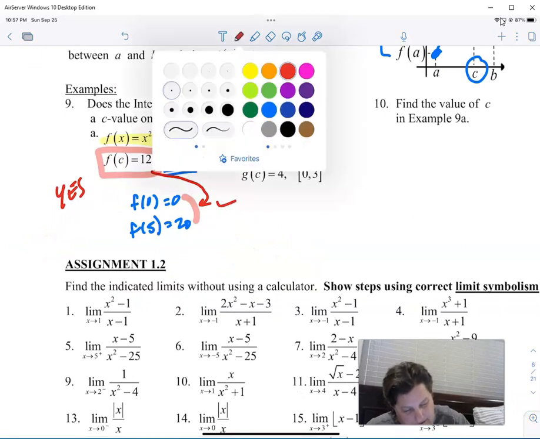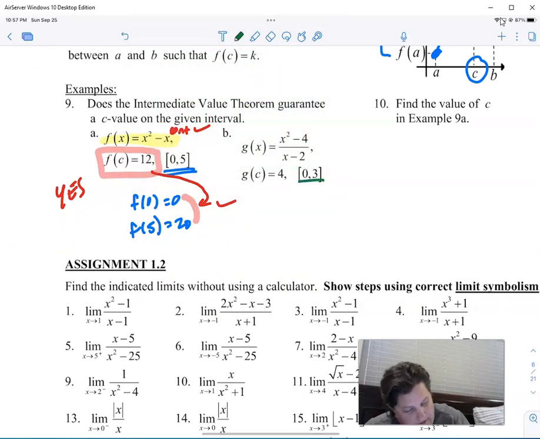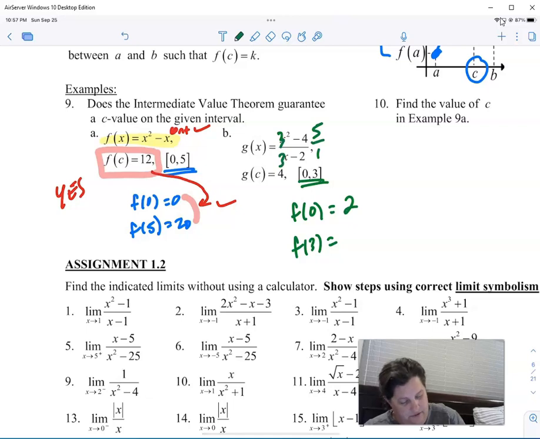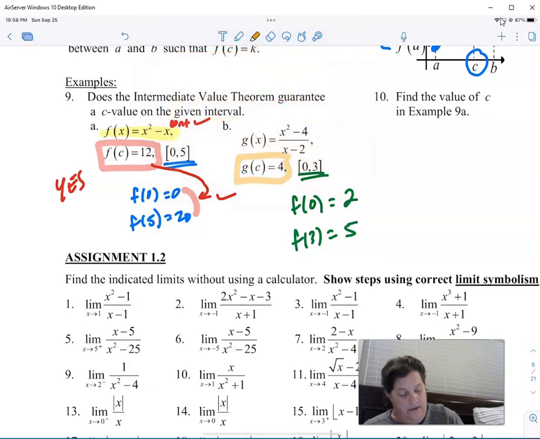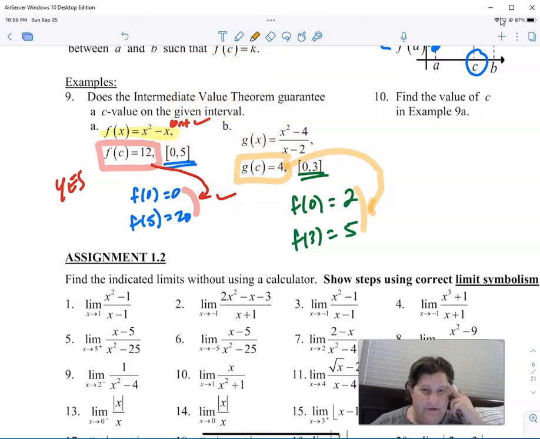All right? Now, let's look at this one. Okay, 0 to 3. f of 0 is negative 4 over negative 2, so that's 2. f of 3 is 9 minus 4, 5 over 1, so that's 5. And this is asking me if the intermediate value theorem guarantees a value of 4. And I'm like, sure seems like it, because 4 is between 2 and 5. But there's one thing I didn't check.